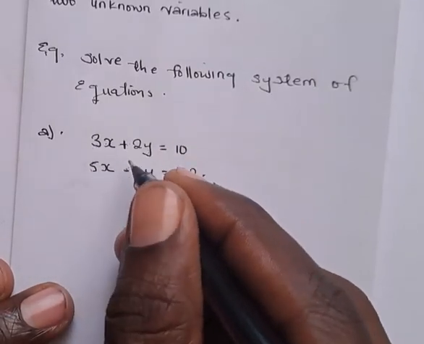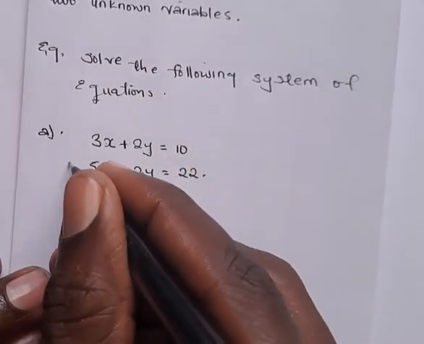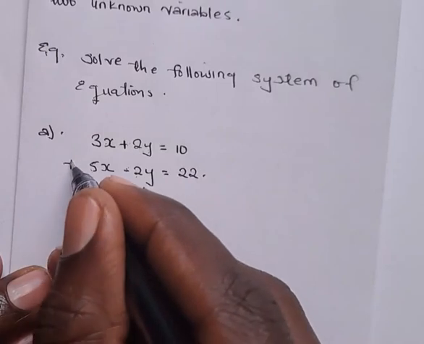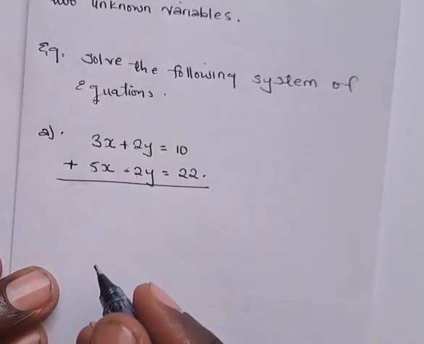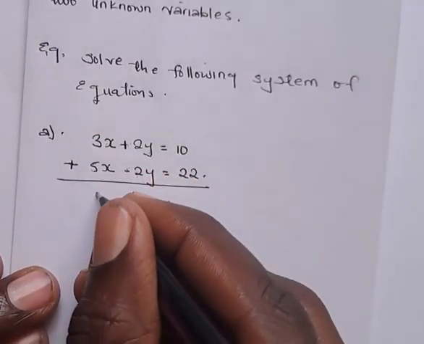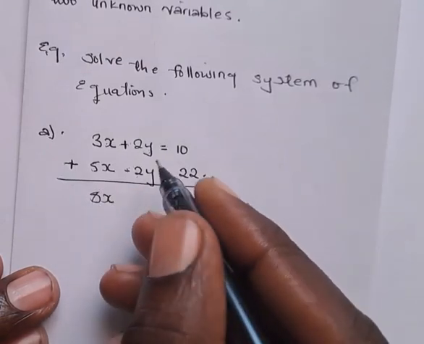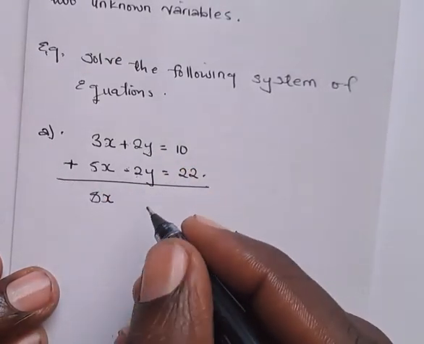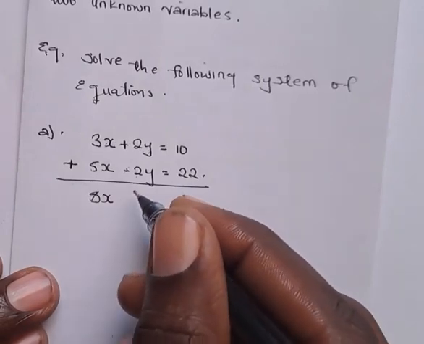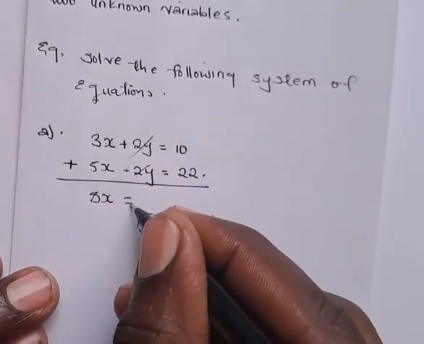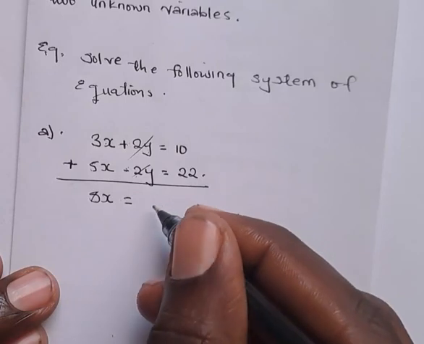So we add this equation plus this equation. Then 3x plus 5x, that is 8x. 2y plus negative 2y is 0, so they just cancel, then equal to 10 plus 22, that is 32.